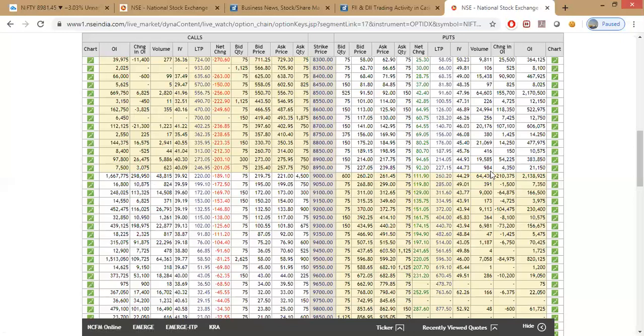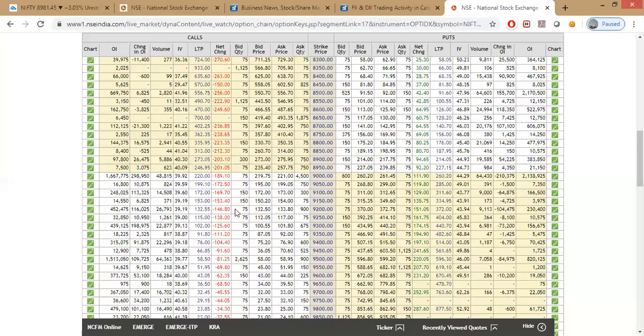Similarly, if we have the reverse happening, a high buildup of open interest with negative change in the price, then we say it's put writing, and positive change in the open interest with positive change in the LTP, we say it's call buying. So put writing and call buying indicates a bullish sentiment.